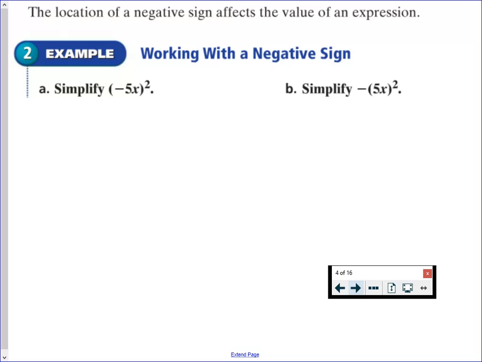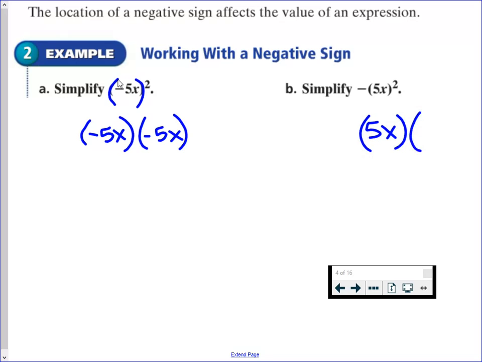On the left one, negative 5 is stuck like glue. On the right one, the negative is not stuck. I have 5x and I have 5x, but the negative is not stuck. It's just outside the whole time.